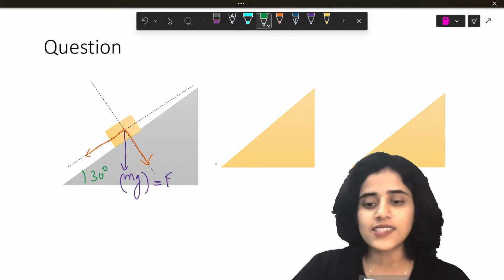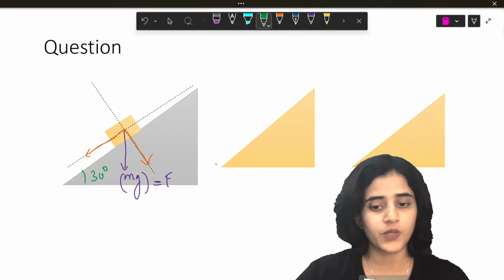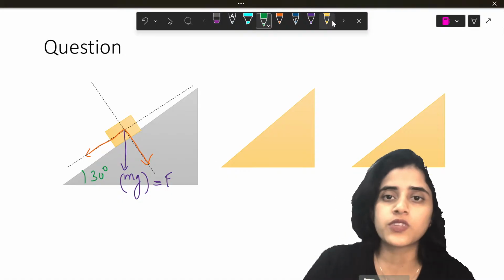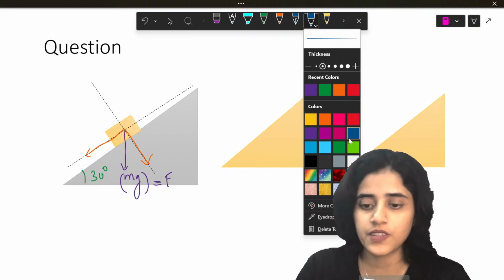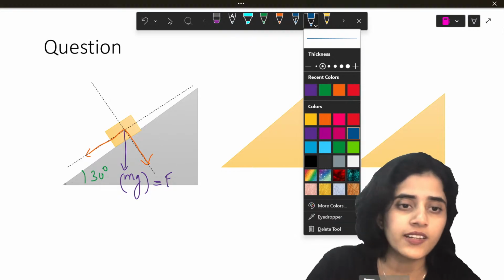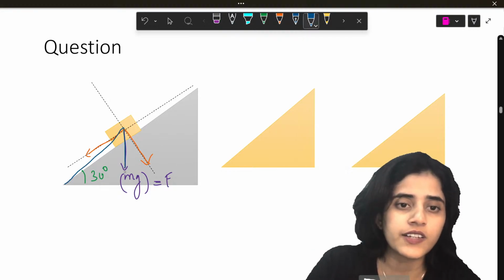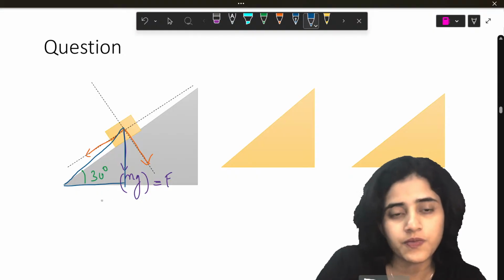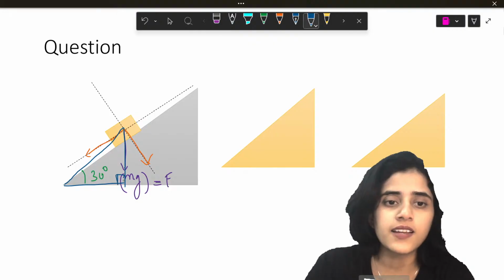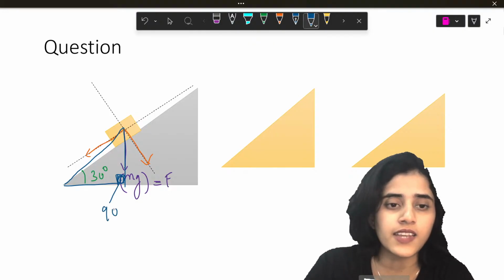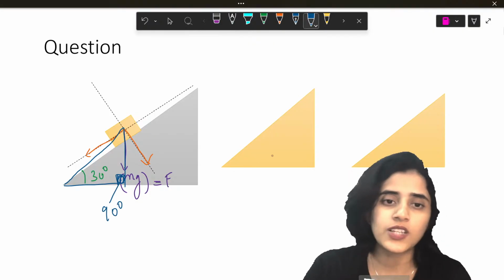Now I know theta is equal to 30 degrees. If I take a triangle like this, then this angle is 90 degrees. Let me write that here.